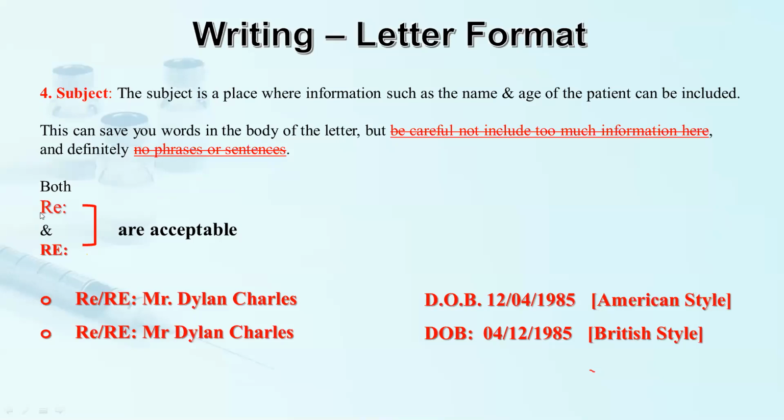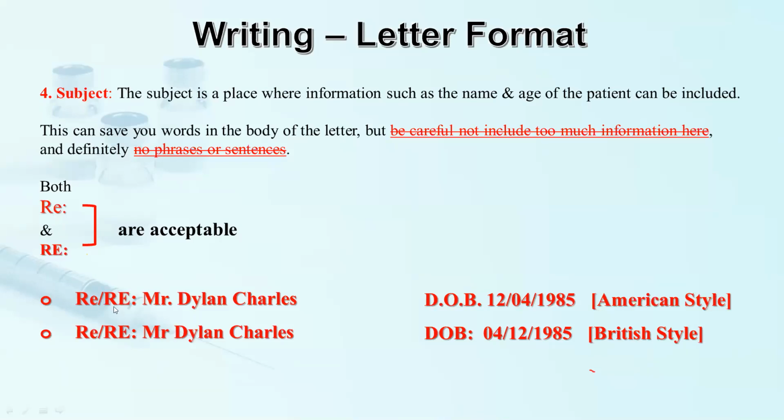You can use this "regarding" or this "RE", with E in small or E in capital. Both are acceptable in OET. So you can say RE in this style or RE in this style.